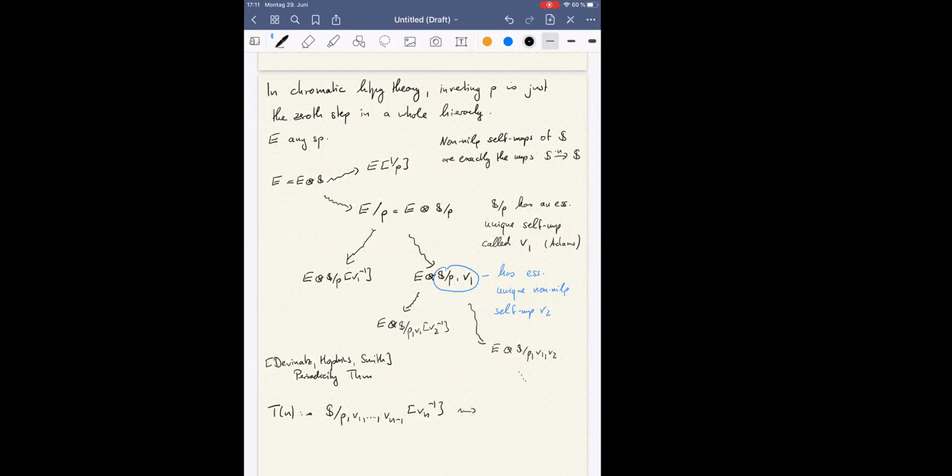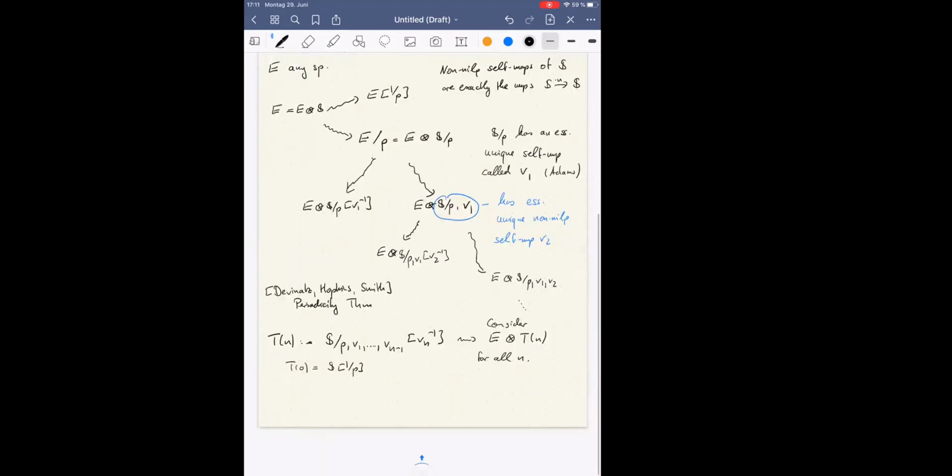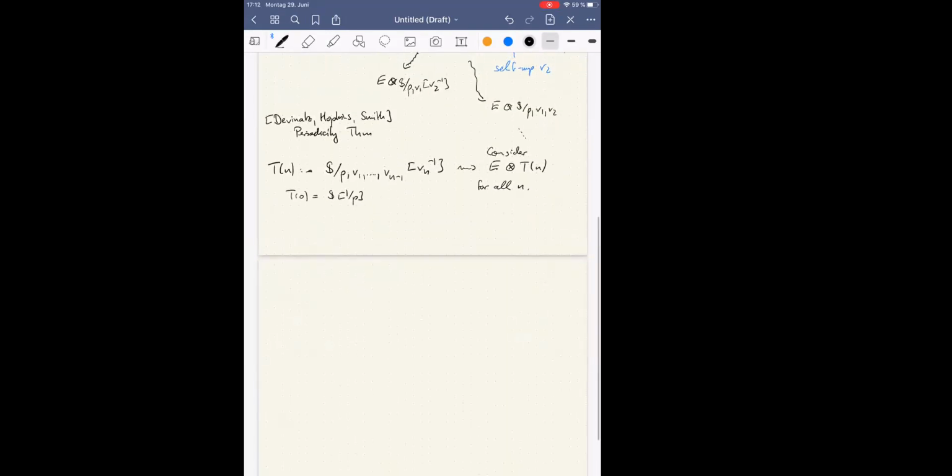So this motivates that we should consider E tensor Tn for all n, where T0 would be just inverting P. Sometimes people also use different notation, but this is what I will use here.